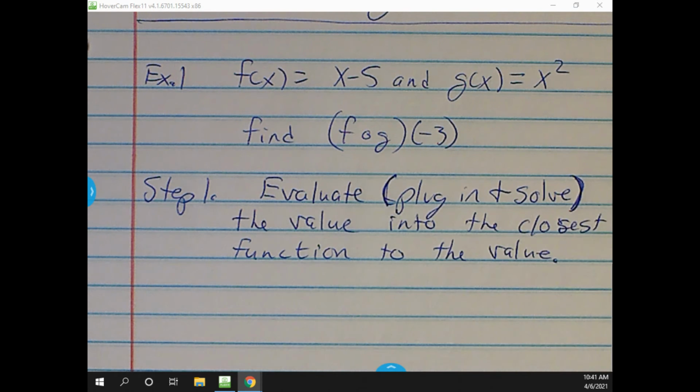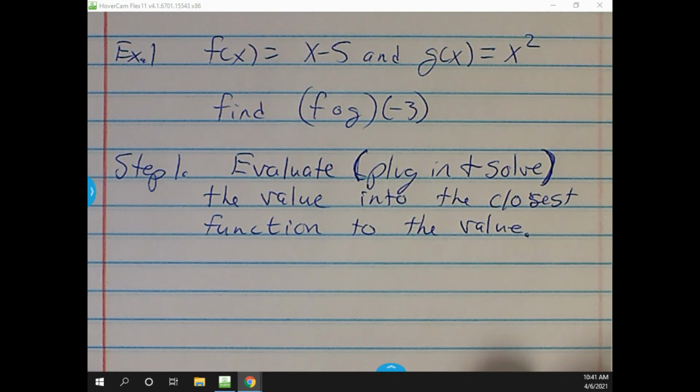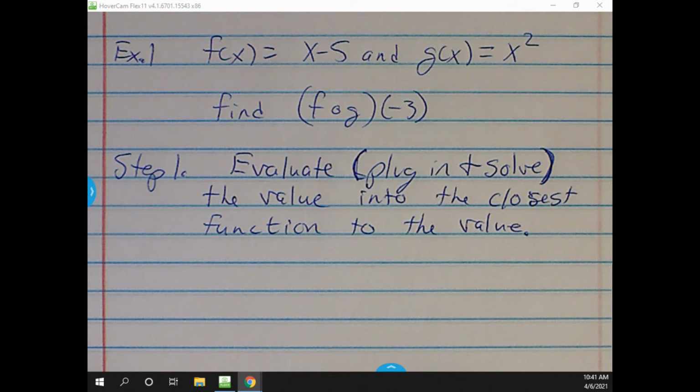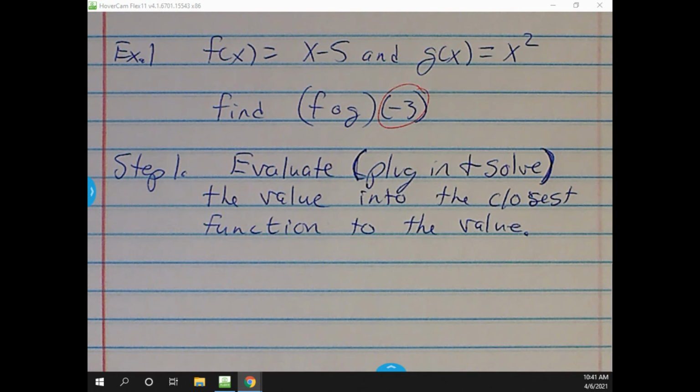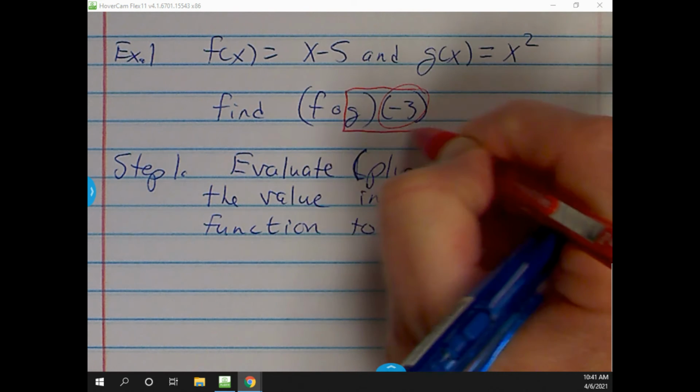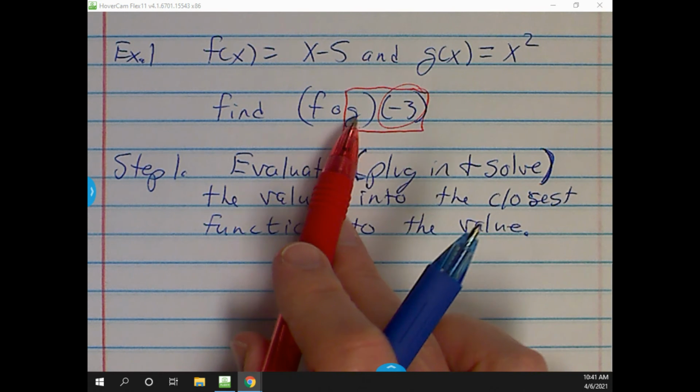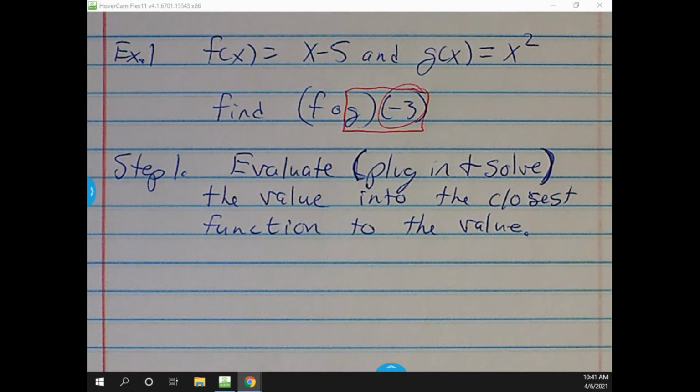I may be a little overkill on what we're saying there, but I want to make sure we got it. So you're going to evaluate the value into the closest function to the value. Okay, so here's -3, and it's closest to g, so we're going to find g of -3 first.